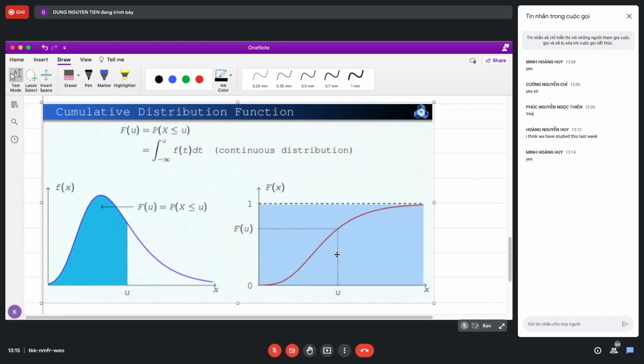And then based on that you can draw the graph of the capital F of u. The function capital F of u is a continuous function which is increasing, right, from 0 to 1. Then that is the red one. Is that all clear?